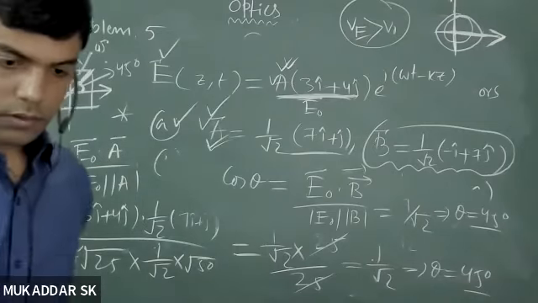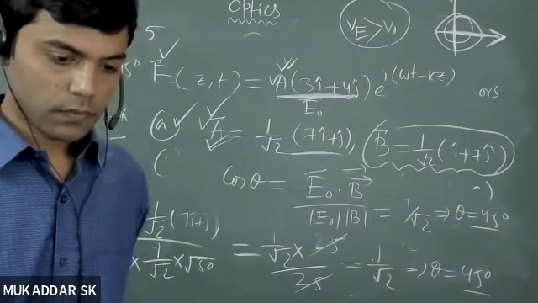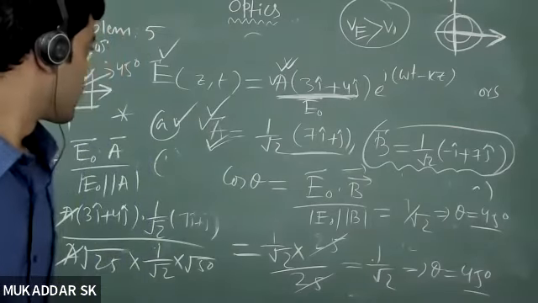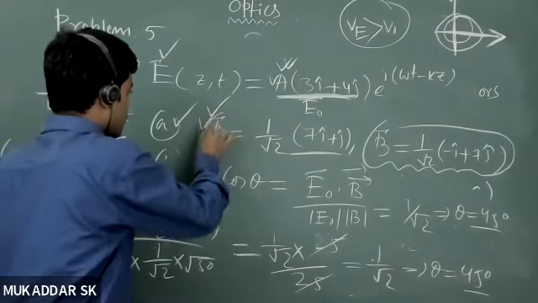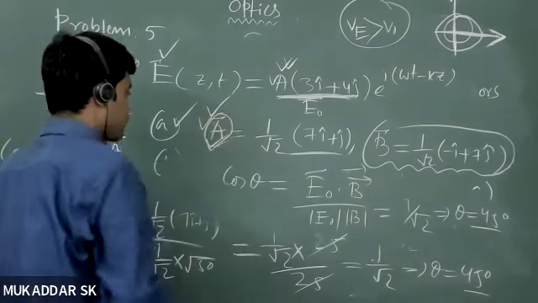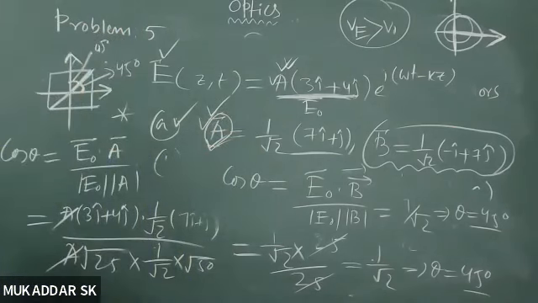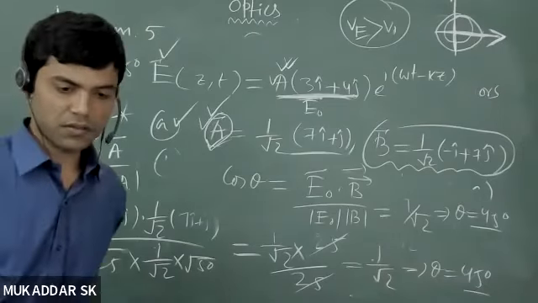Sir, what are A and B in this question? Yes, this is capital A, representing the direction of first axis, and B is also representing the direction of first axis.